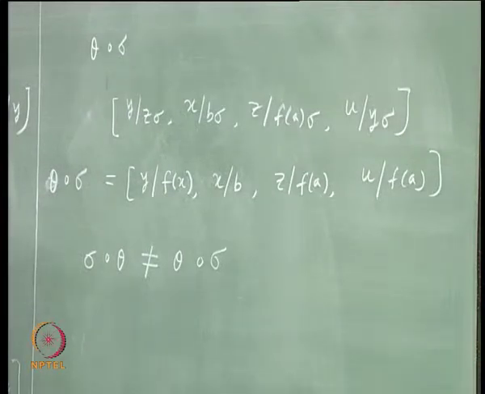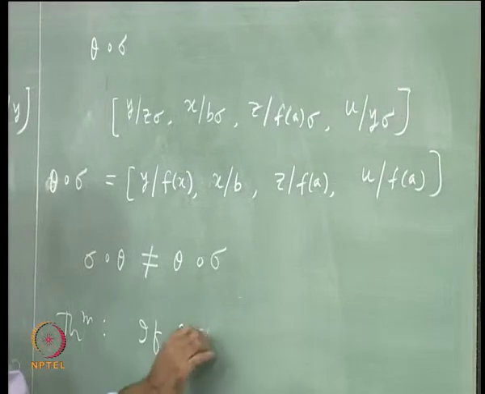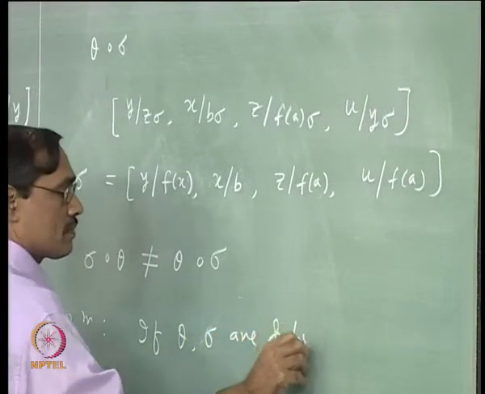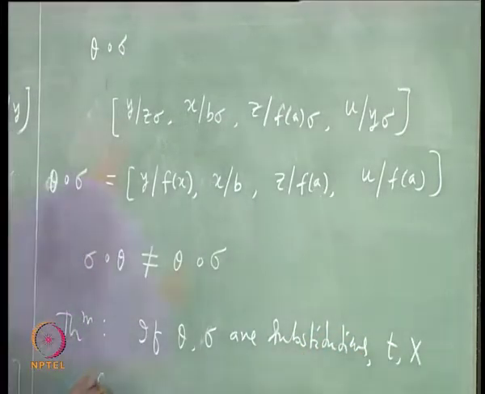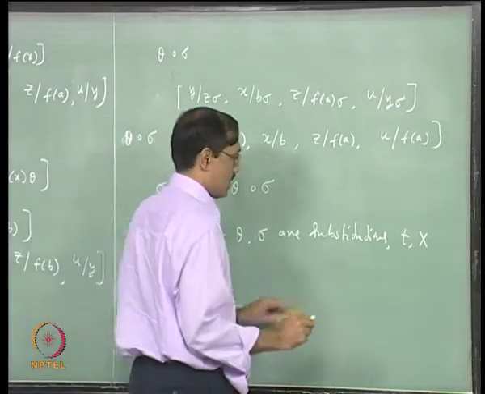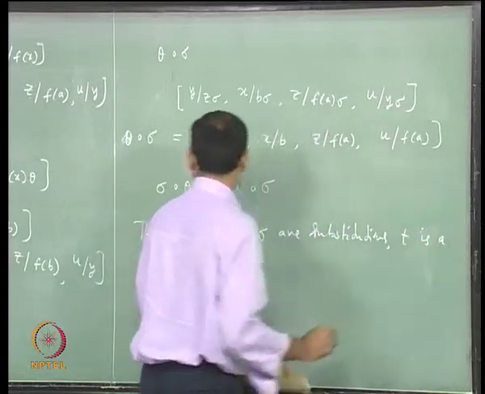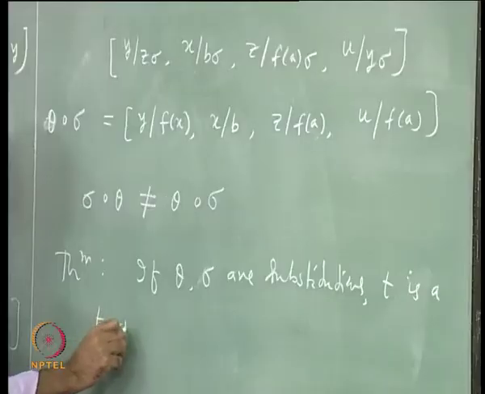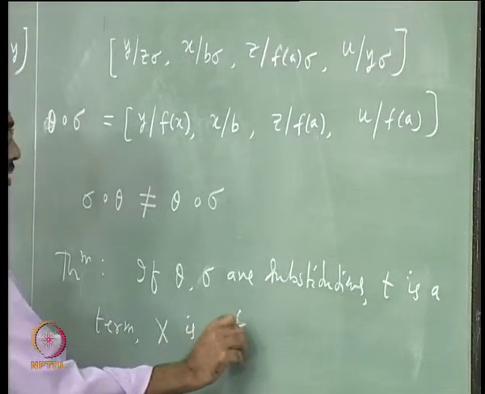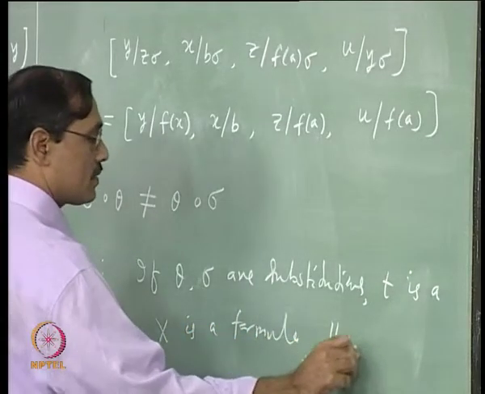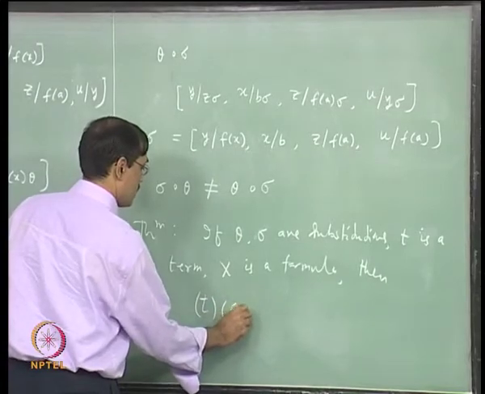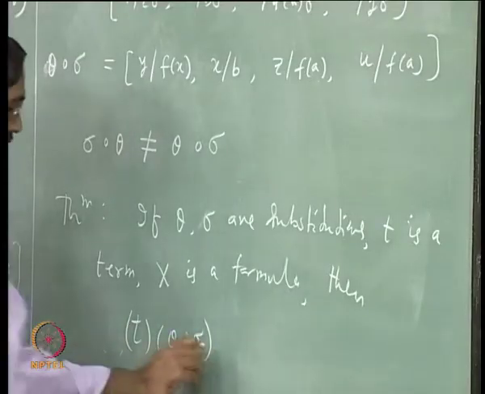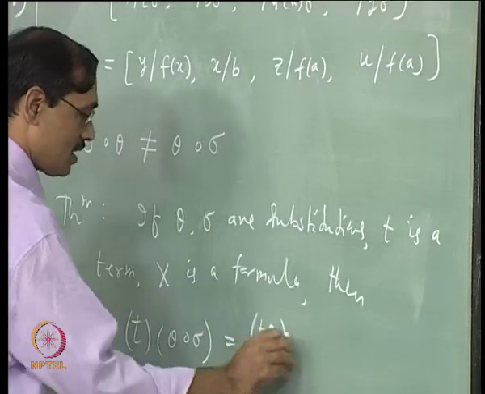Okay. So, what you can see is that if theta, sigma are substitutions, t a term, x a formula, then t operated with theta composed with sigma should be equal to t theta, then operated sigma.